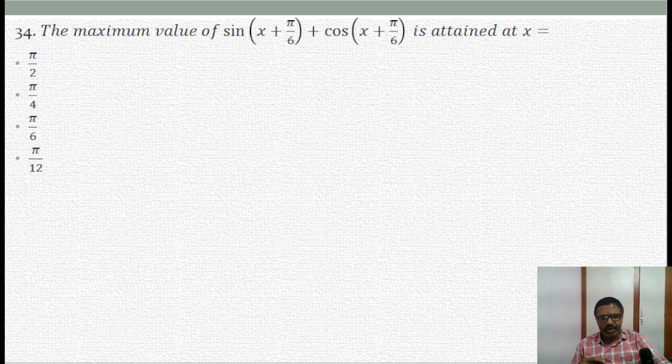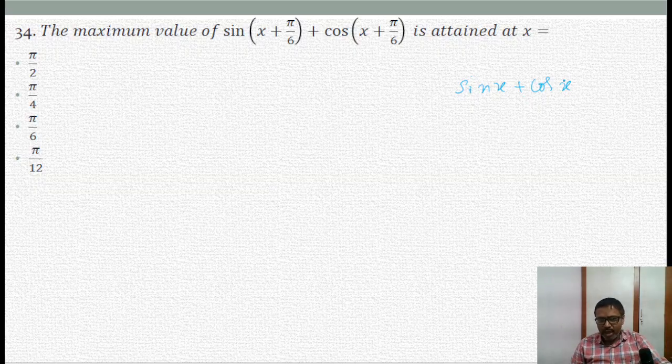Now it is a bit difficult to directly decide at what value you will get the maximum value. So we'll reduce it into a monomial. It is in the form sin x plus cos x, angles are same.